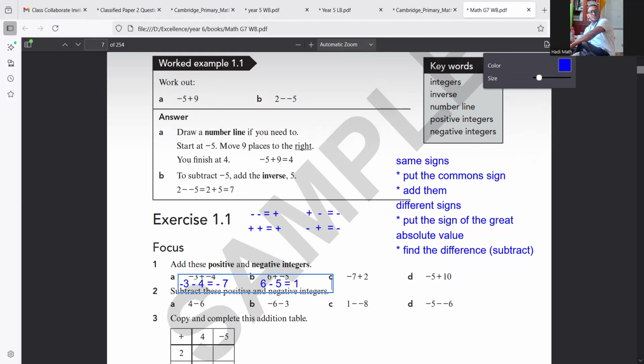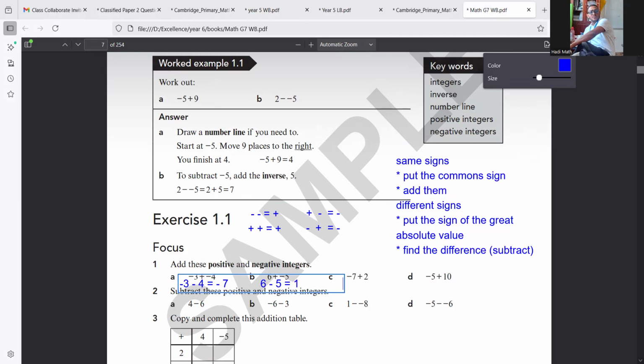Go to question C, you have negative 7 plus 2. Negative 7 plus 2: 7 is negative and 2 is positive. Those two numbers have different signs. Step number 1, put the sign of the greater absolute value. Negative 7 has the greater absolute value, which means negative 7 is farther from the 0.